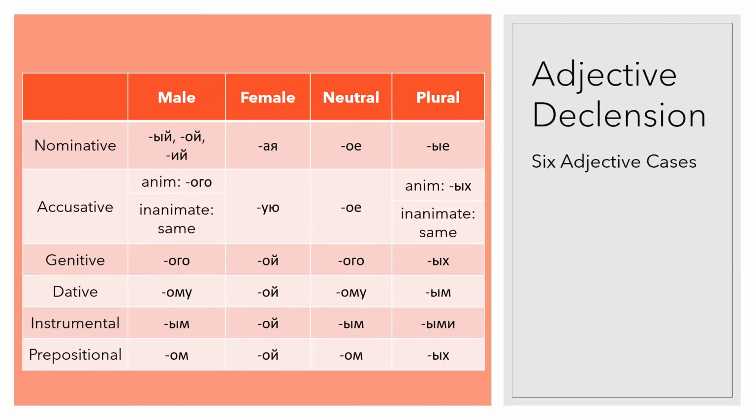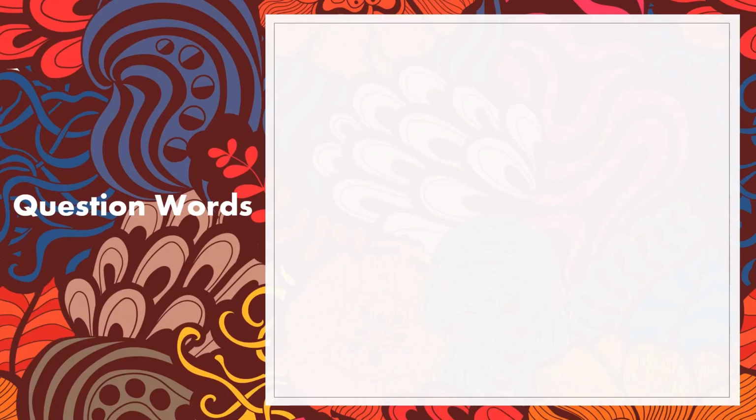Remember, whenever you see an ы, it may change to an и depending on what letter it follows. Okay, but there is just one last topic I want to go over before we finish this video, and that is question words.